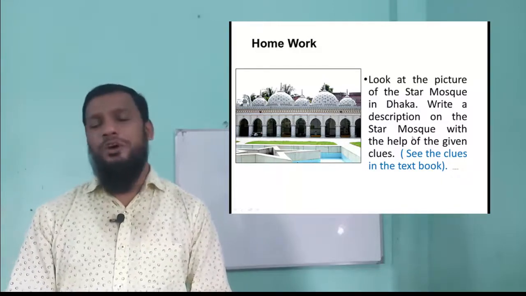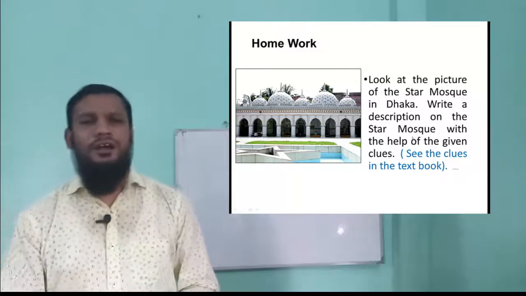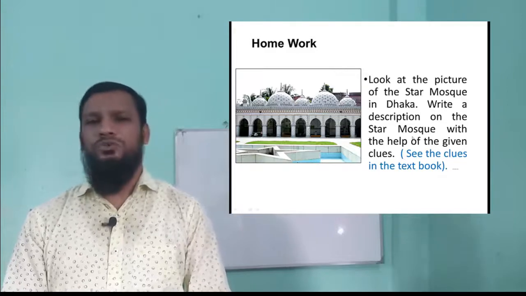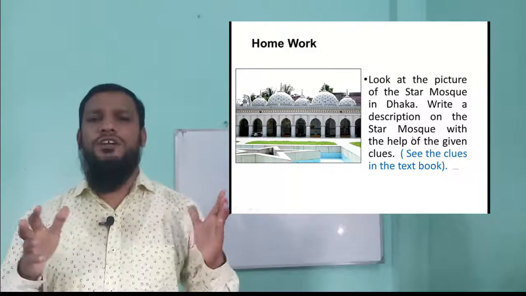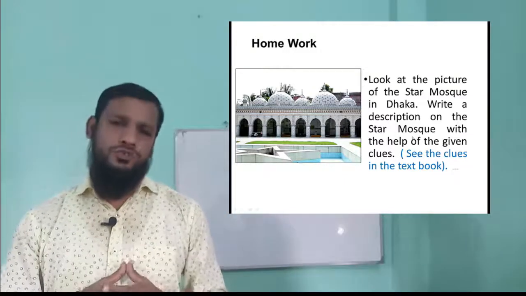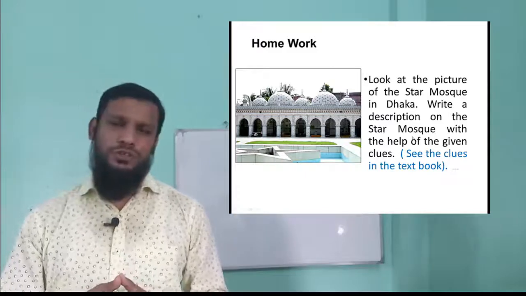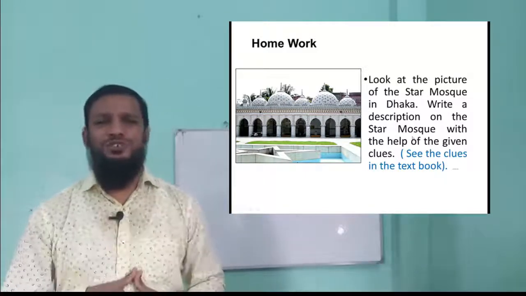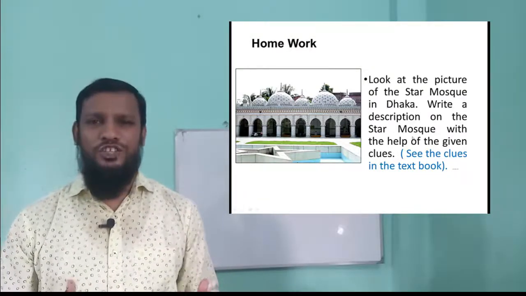Some information is also given in your textbook about Star Mosque. Try to look at the picture of the Star Mosque in Dhaka and write a description of the Star Mosque with the help of the given clues in your textbook. Can you do it? I hope that you can do it, and this kind of practice will be helpful for you to improve your English.